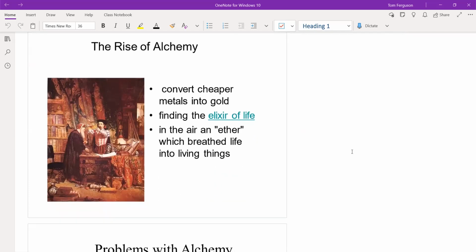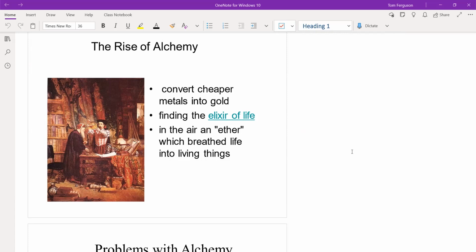Now, during the 1700s, 1600s, 1500s, there were more and more people interested in transmutation. They wanted to take inexpensive metals and turn them into gold. Those were called alchemists, and they did other things as well.